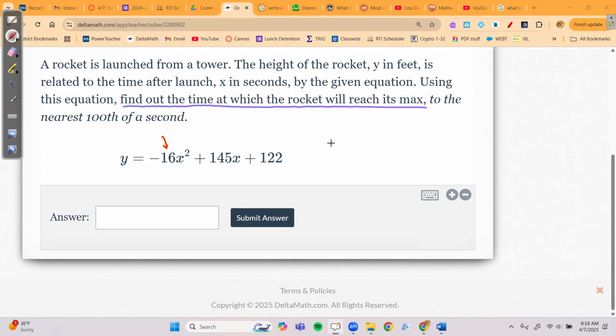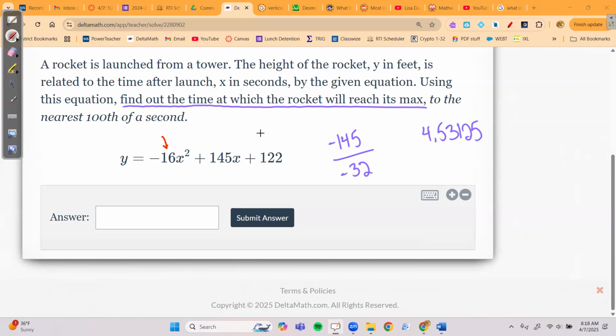So we're going to do negative b over 2a. And again, I will just omit the negatives because I wasn't born yesterday. I'm going to type in 145 divided by 32, and I get 4.53125. And then I'm going to read the directions.